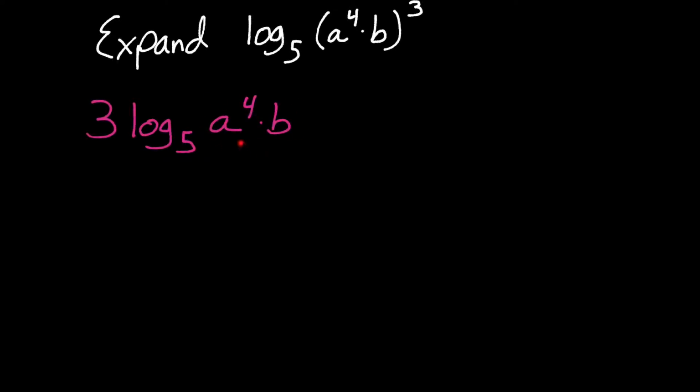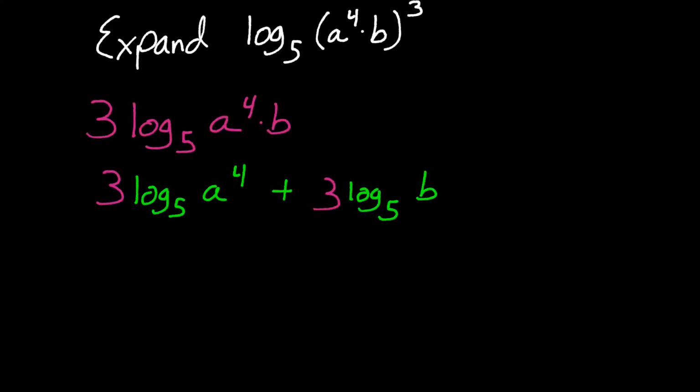I'm going to have to split this apart, and what's going to be different here from the other examples is it's not going to start off as just log base 5 of a to the 4th plus log base 5 of b. It's not going to look like that because I have this 3 here. It's 3 times the log of both of these. So I got to make sure that 3 comes along to both pieces.